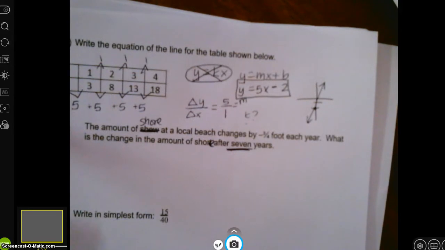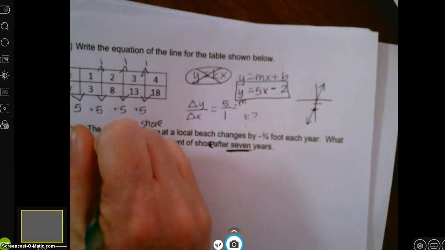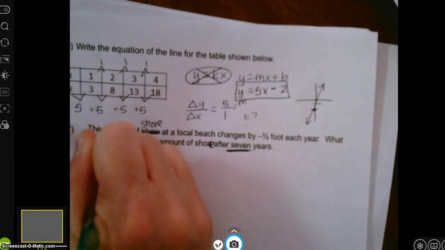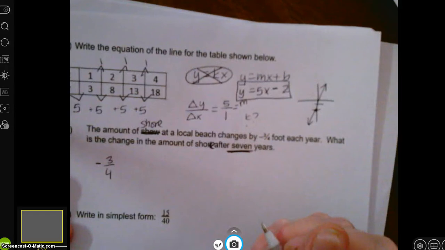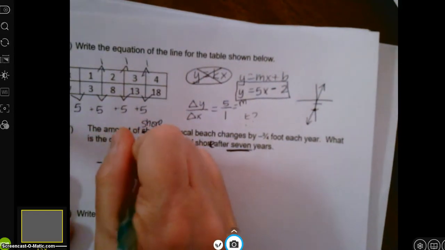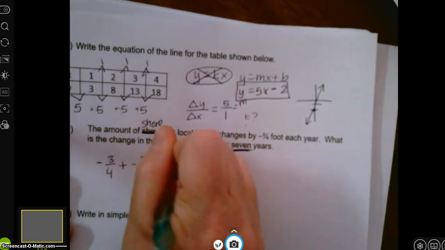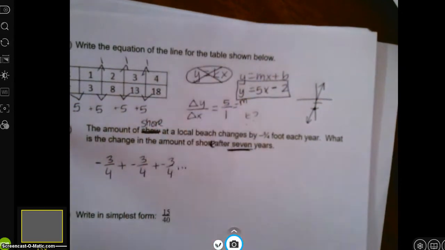So if you think about this, I'm changing negative 3/4 each year. So that would be 1 year. Then I would also add to it another 3/4. And then another 3/4. And I would do this 7 times, correct?